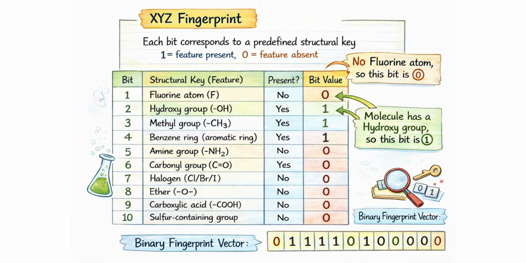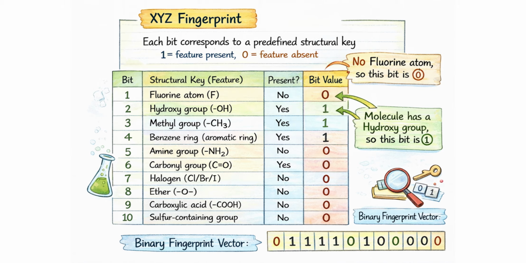If the molecule doesn't have fluorine, that bit is 0. Similarly, the second bit might represent a hydroxy group. If the molecule has it, the bit is equal to 1. In the same manner, all of the other bits are calculated. By the end, we have a binary vector representing the molecule in the form of zeros and ones.